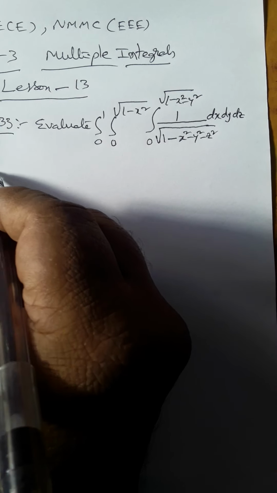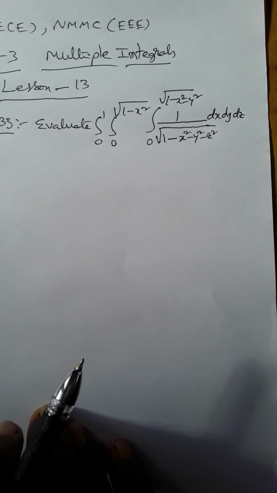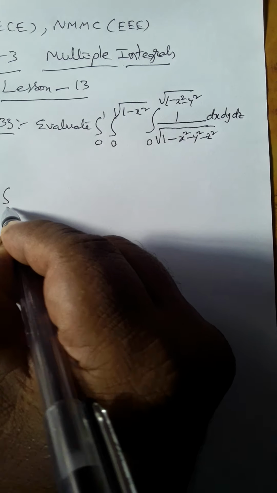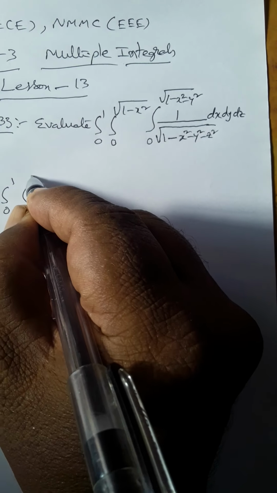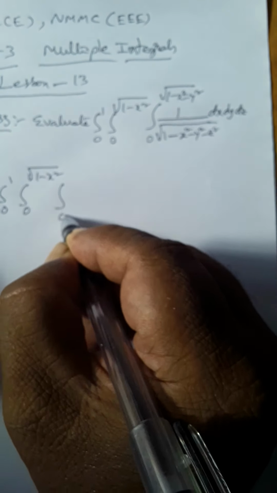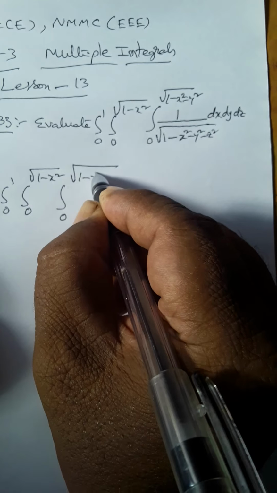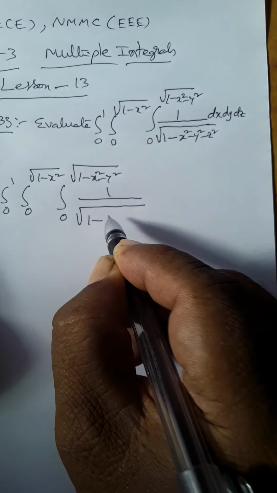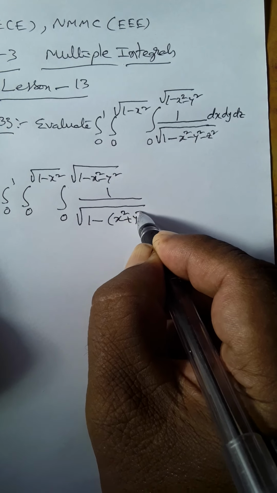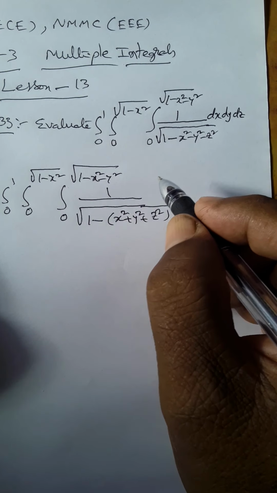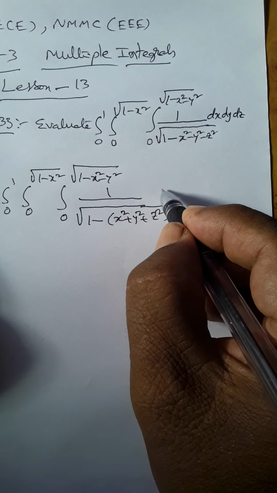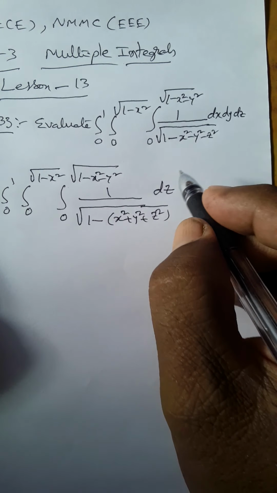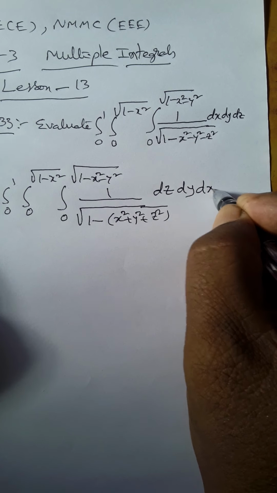Solution. I is equal to integral 0 to 1, 0 to root over 1 minus x square, integral 0 to root over 1 minus x square minus y square, 1 by root over 1 minus x square minus y square minus z square. Here x and y variables appear, the opposite variable is z, so first we integrate with respect to z, next integrate y, next integrate x.